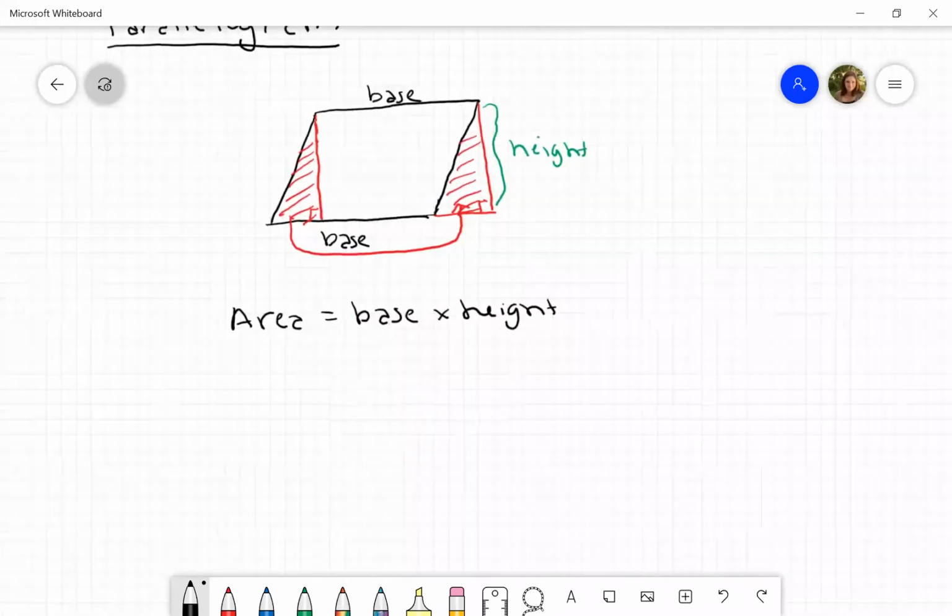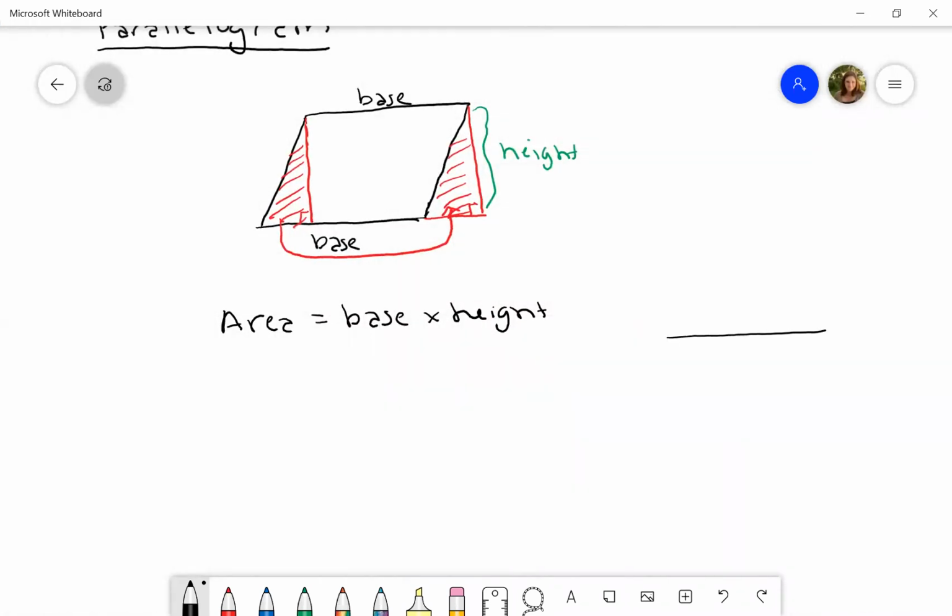But let's draw the base and the height a little bit cleaner, no longer moving things around. So this is the base, and the height would be that right there. Short way of writing that would be B times H, or of course, just BH.